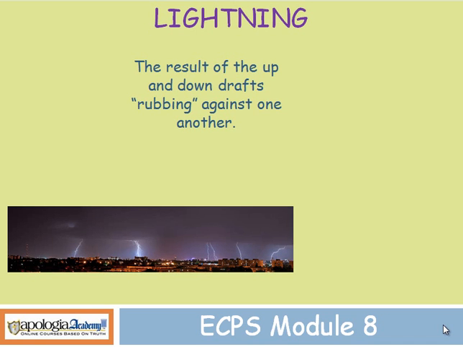So you've got this buildup of charge in the bottom of the cumulonimbus cloud. We've got a buildup of another charge on top. Usually the positives are on the bottom, the negatives are on top. And so then that bottom of the cumulonimbus cloud starts attracting charges from the ground. And that buildup of charge is what we call the lightning, when the charges meet and the energy is transferred.